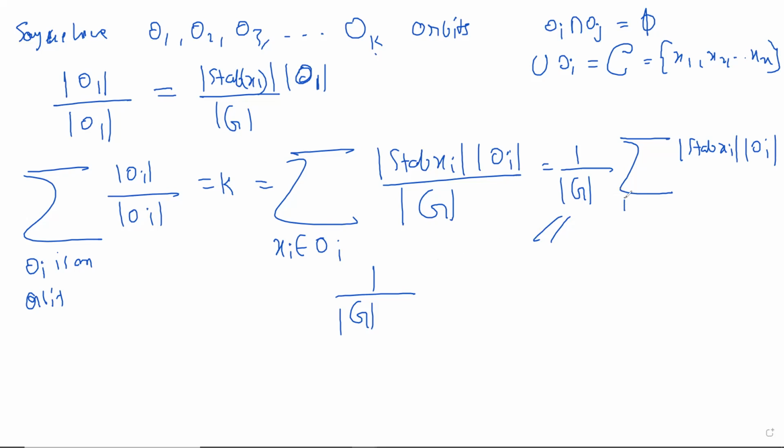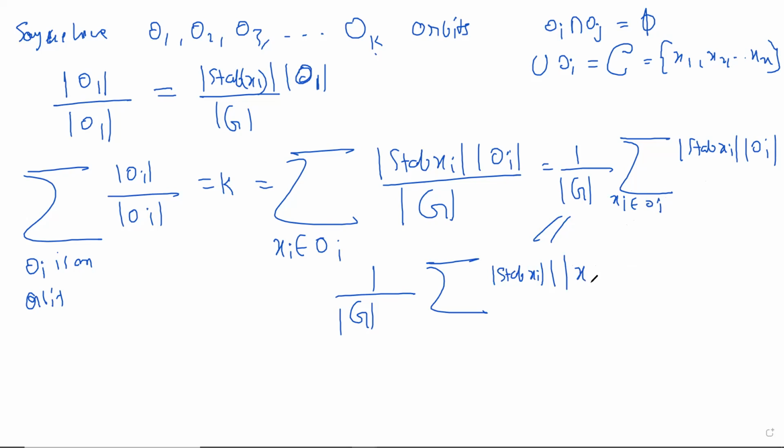Okay, xi belongs to oi. Now see, the stabilizer of xi is here. Now this oi will contain some elements, right?